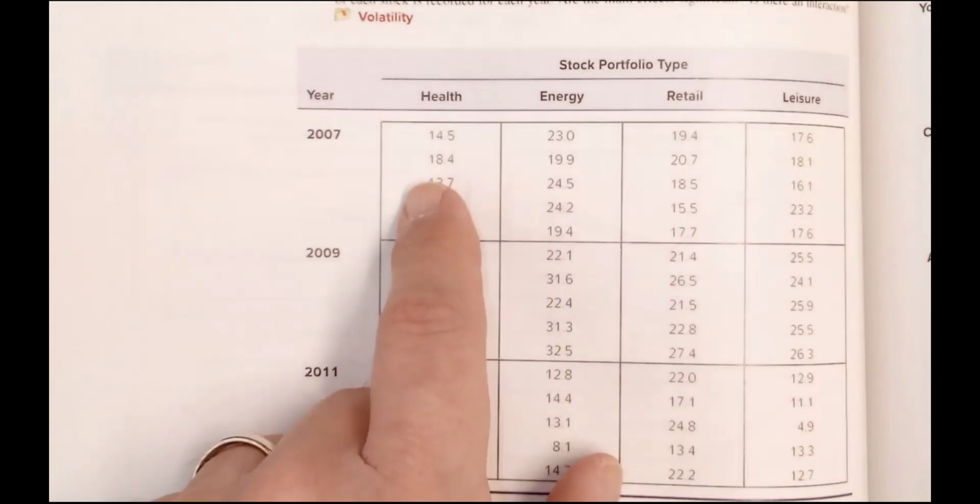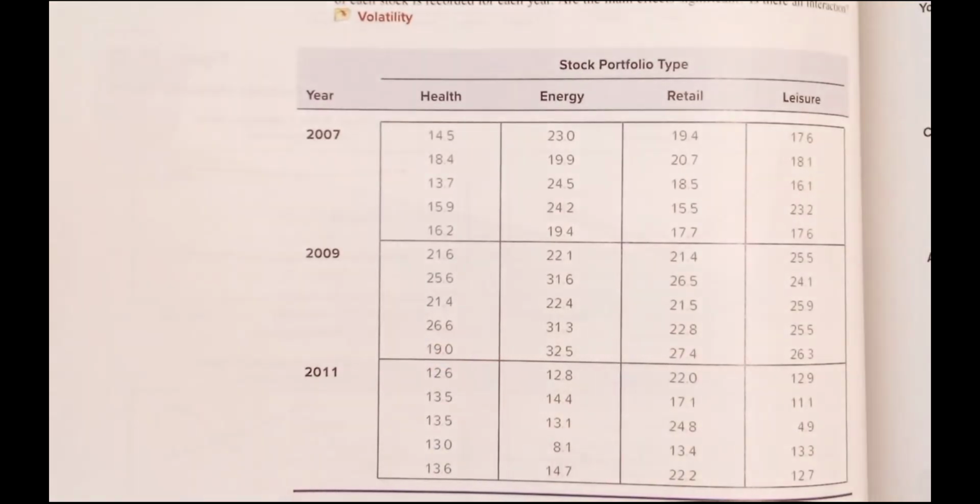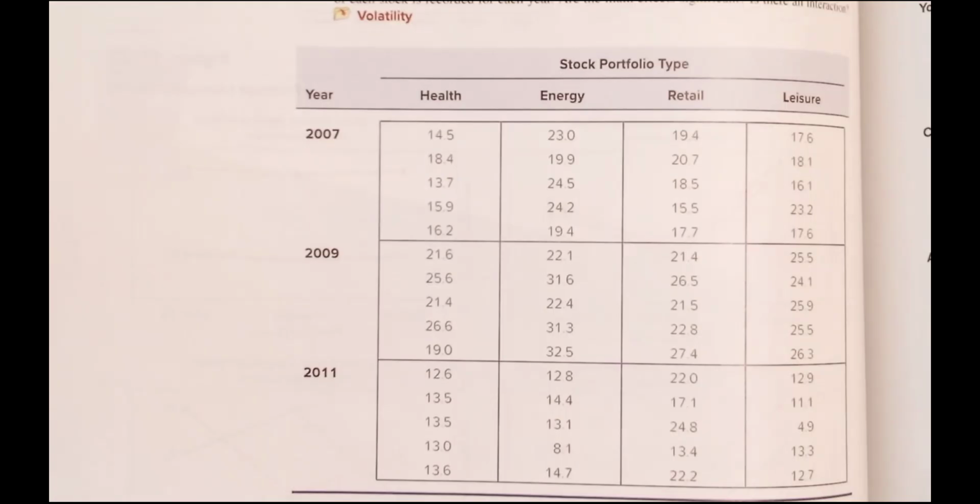In 2007, in 2009, there was a little bit more variation in 2009, went back down in 2011. So I can now ask, is there a marked difference in the variation by portfolio type or by year?